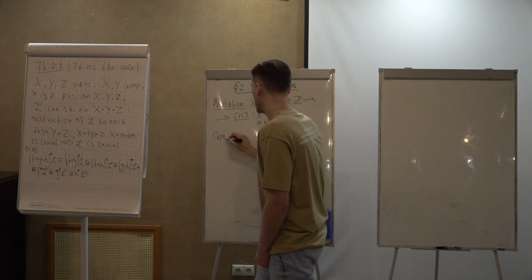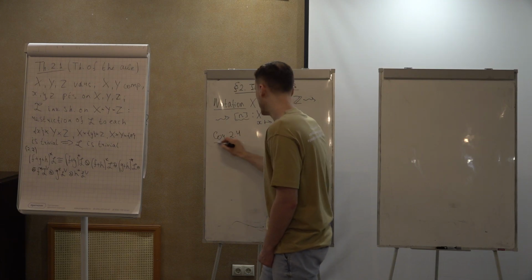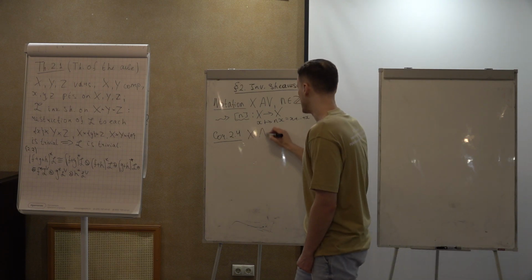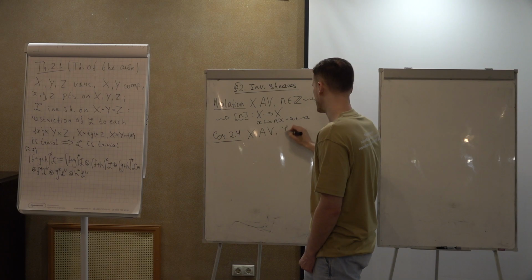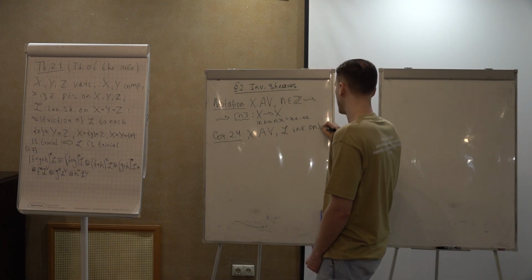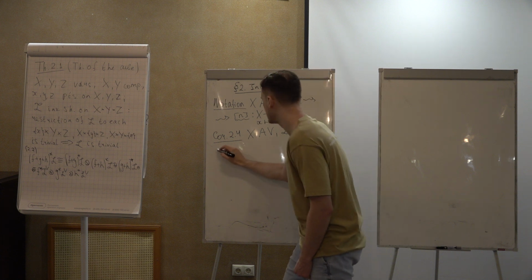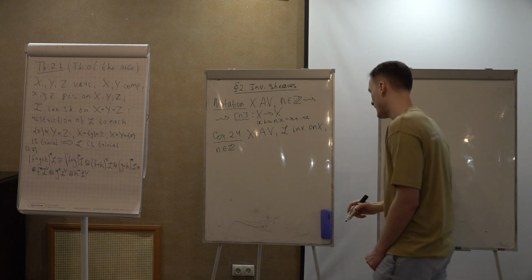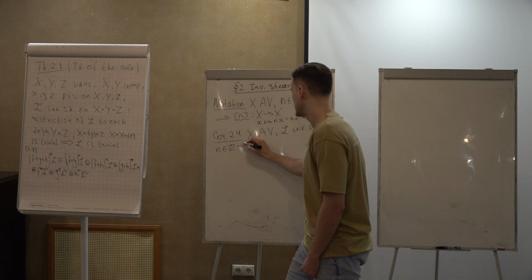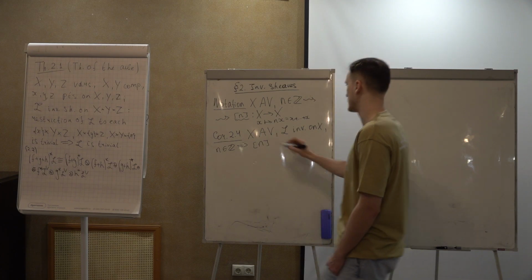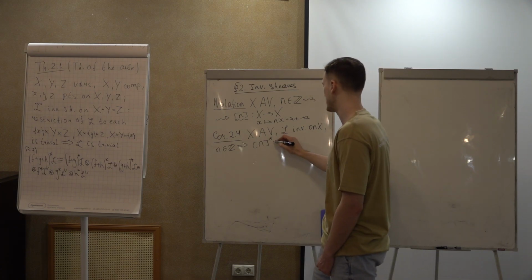Okay, and the last claim here, corollary 2.4. If I take an Abelian variety X, an invertible sheaf L, and an integer n, then this corollary tells us what the pullback by this n map looks like.